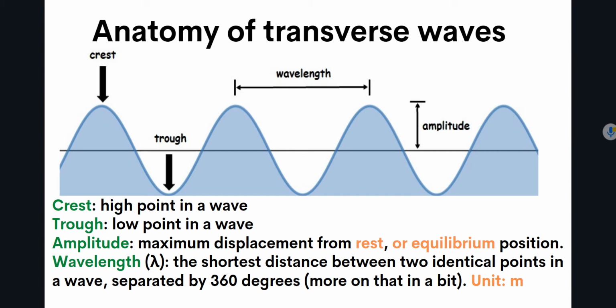So what do I mean by that? Let's see here. We're looking for positions on successive pulses that are identical. So we would measure from here to here, like the crest to the crest, for instance. And the length of this, if you have a measuring stick, we could figure out the length of this wave or the wavelength.